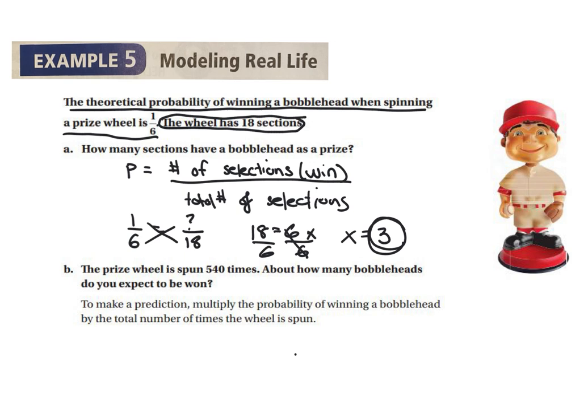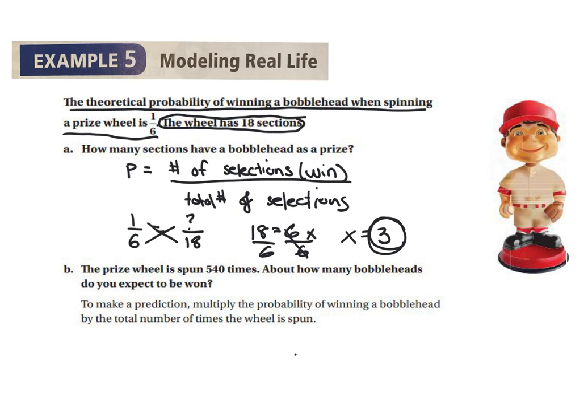So for B, the prize wheel is spun 540 times. About how many bobbleheads do you expect to be won? So here's what we can do there. 1 out of 6 are going to win this thing.